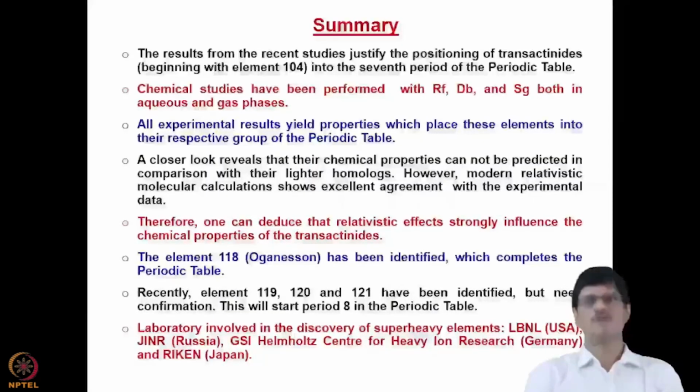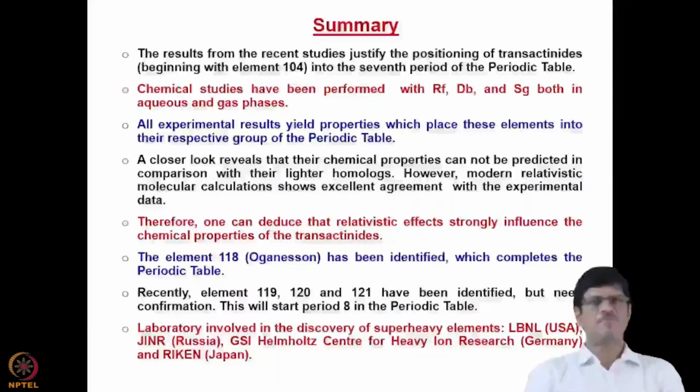The heavier transactinides' gas phase chemistry is also reported, and all experimental results yield properties which place these elements into their respective groups in the periodic table. A closer look reveals that their chemical properties cannot be predicted by comparison with their lighter homologues. However, modern relativistic molecular calculations show excellent agreement with the experimental data. Therefore, one can deduce that relativistic effects strongly influence the chemical properties of the transactinides.